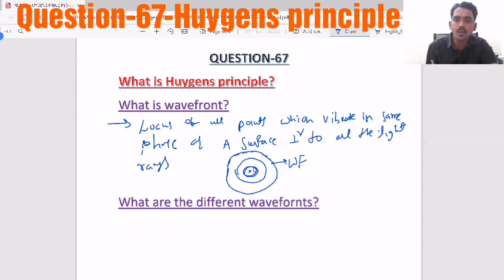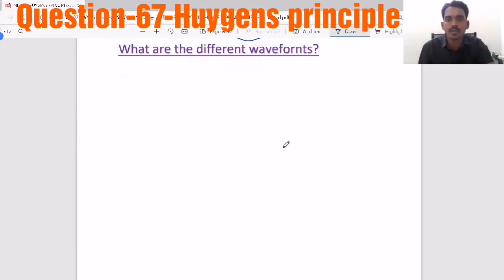Each and every point on one wavefront behaves as a source for the next one. Just like when you throw a stone on the water surface, you see ripples like circles around the point of incidence. One circular wavefront behaves as the source for the next one. That is the concept of a wavefront.